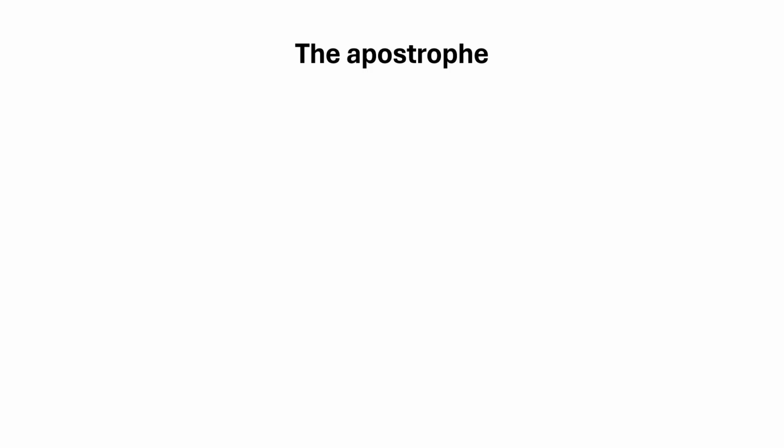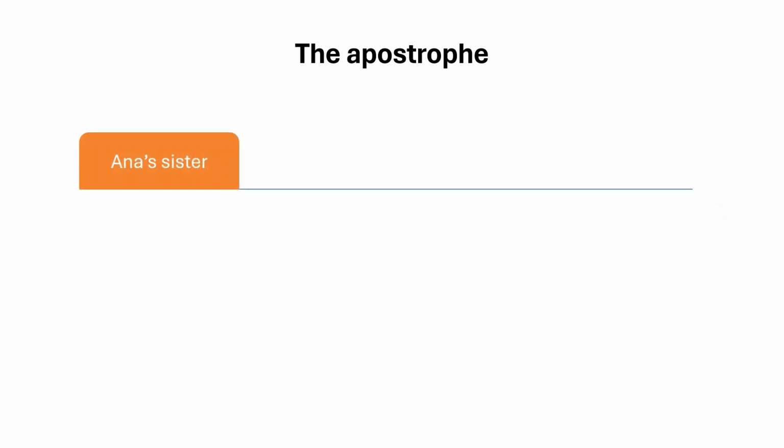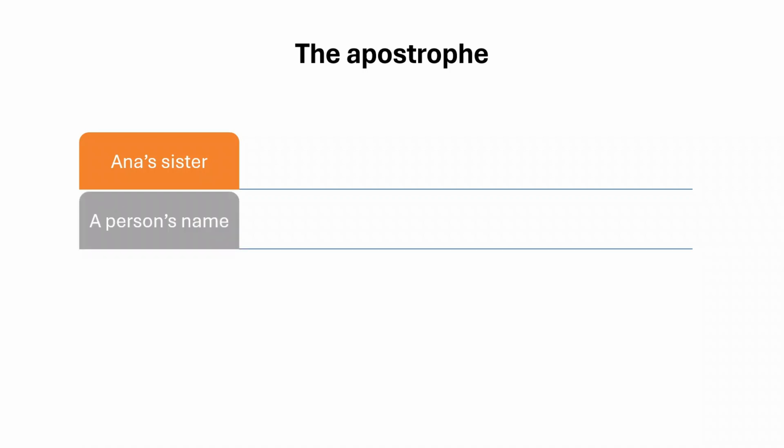One type of punctuation that causes a lot of problems for people is the apostrophe. And we use the apostrophe in a number of different ways. We can see here we are talking about the sister of Anna, or Anna's sister, and this is singular. We can also use it to talk about a person and say a person's name.